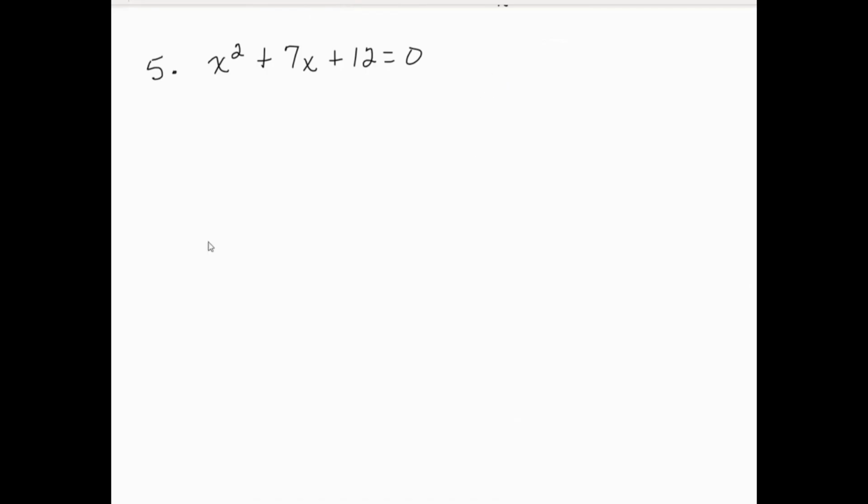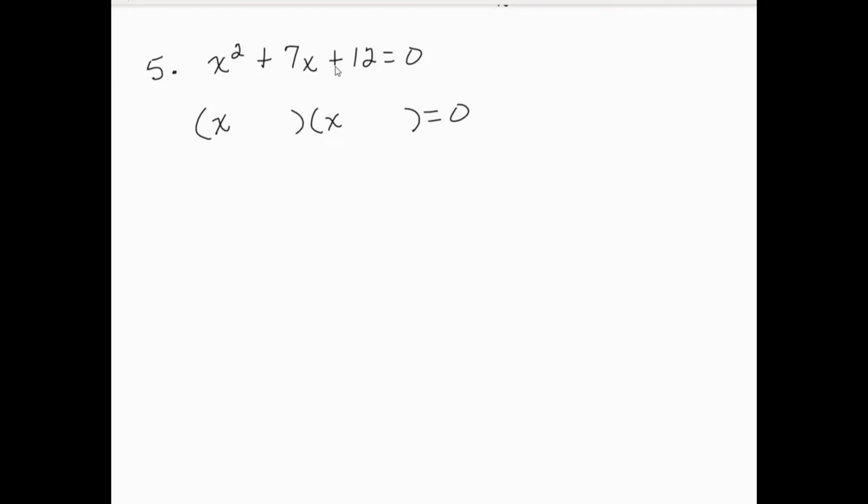Okay, problem 5. I have a quadratic, but it's not just an x squared. I also have an x term here. So whenever you have a quadratic, you always want to set it equal to 0 and see if you can factor it. And this is a simple quadratic because it's understood to have a coefficient of 1. If you have a simple quadratic like this and it can be factored, it's good to be factored into something that looks like this, two binomials.